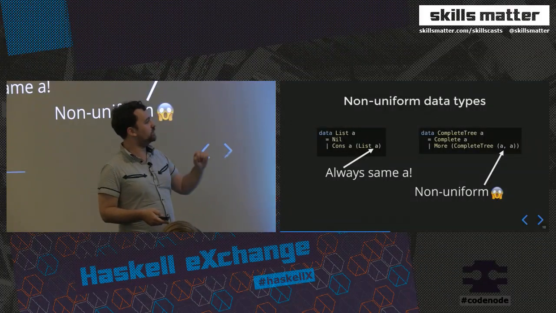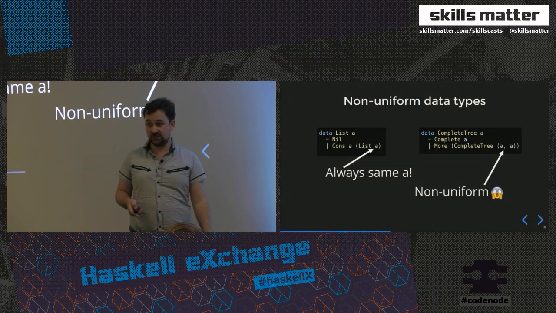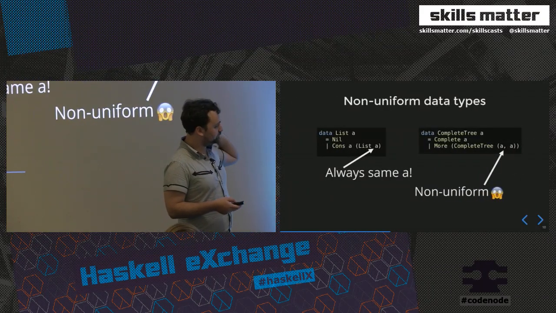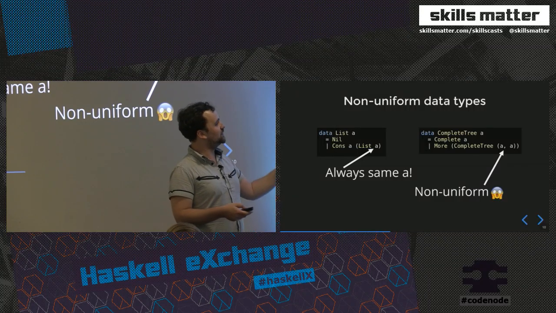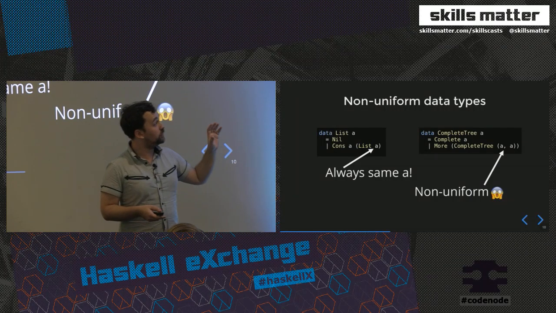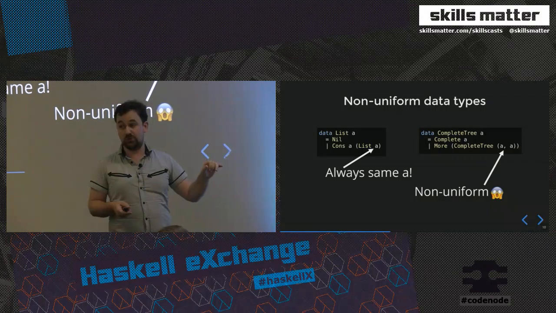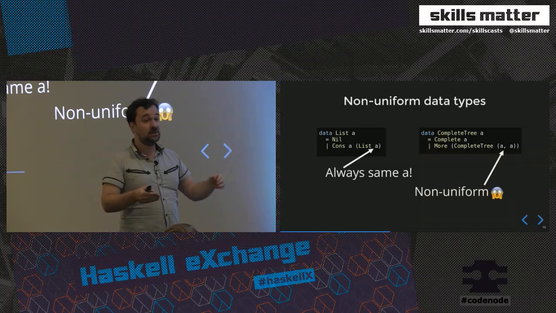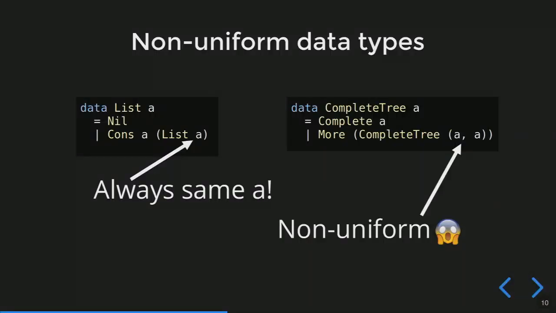And this is quite different from list, where the A is always the same. The idea here is that when I was taking the fixed point earlier, I was taking the fixed point of list A of something. So the A was always the same. I considered list A as a thing. So what I was producing was list A, not list.